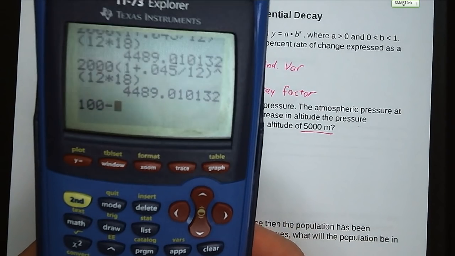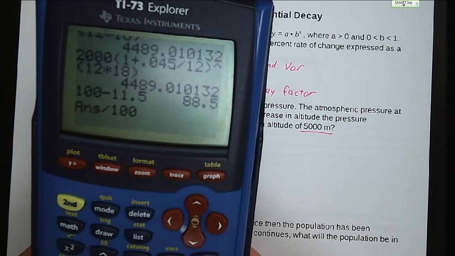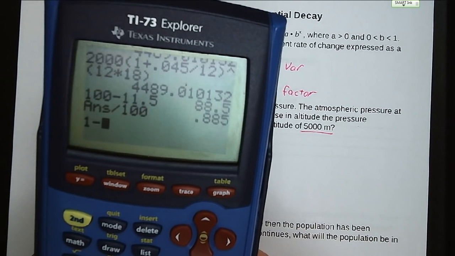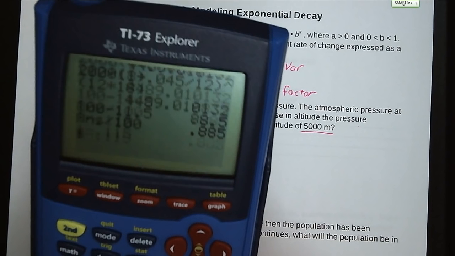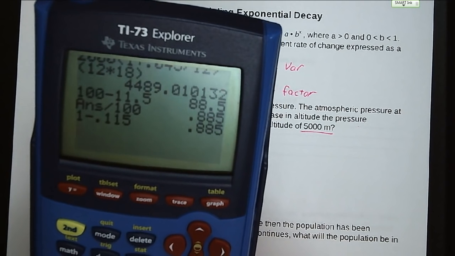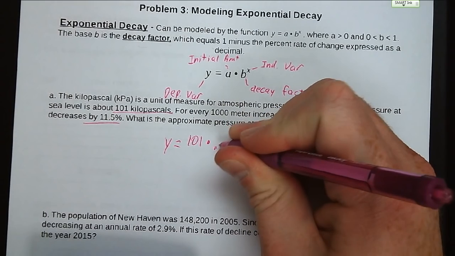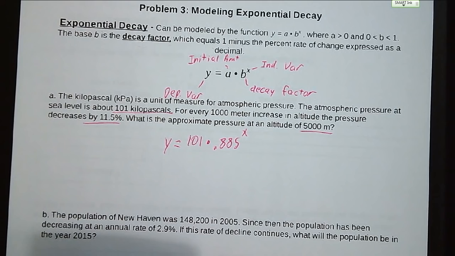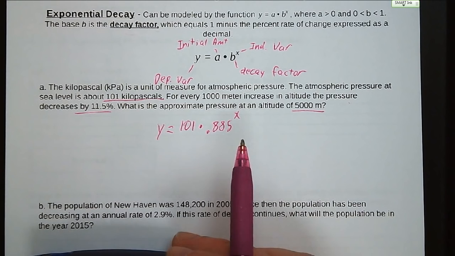We decrease by 11.5%, and we divide that by 100, and we get 0.885, or if we did 1 minus 0.115, we get 0.885. So that is our base. That is our growth factor, or decay factor. All right, so it's 0.885 to the x power. Because every single time we go up 1,000 meters, we decrease 11.5% from our starting point.